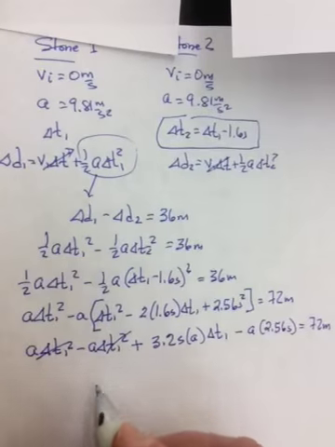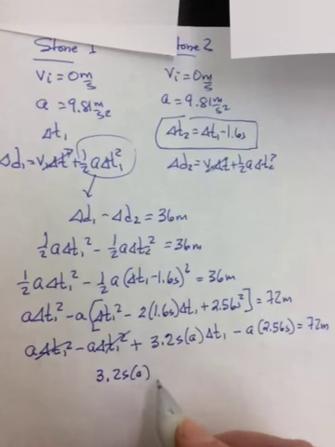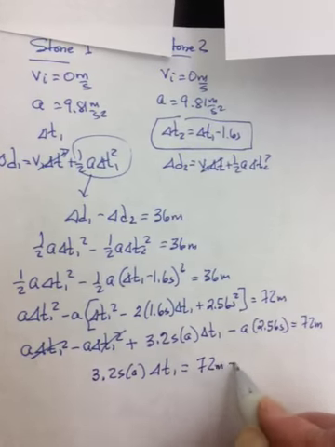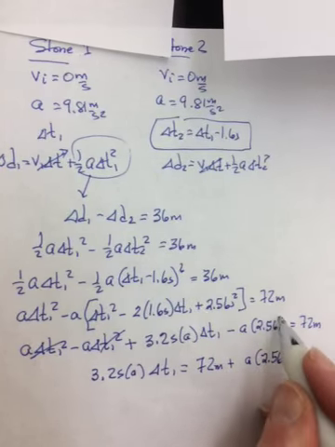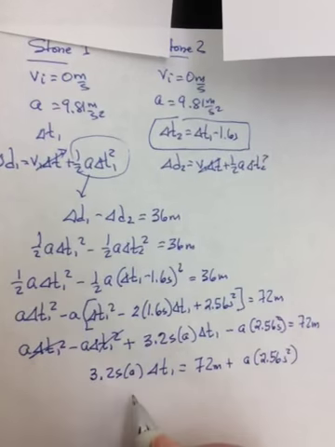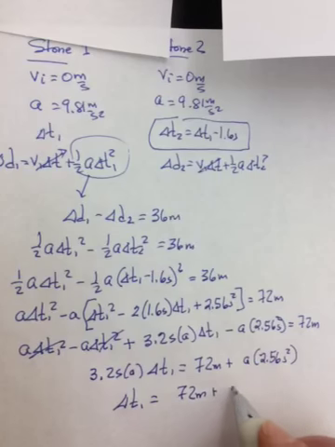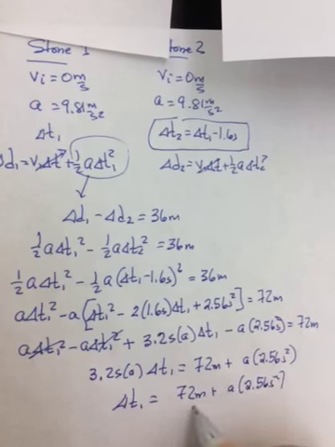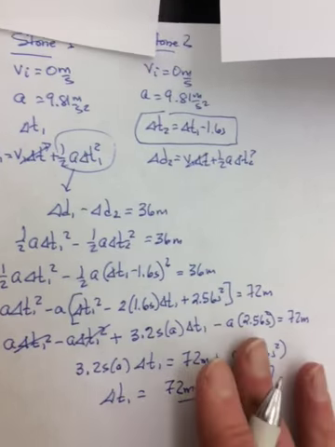These two are going to cancel, and so we'll have 3.2 seconds times A times T1 equal to 72 meters plus A times 2.56 seconds squared. Okay, get the T1 by itself: 72 meters plus A times 2.56 seconds squared, over 3.2 seconds times A.